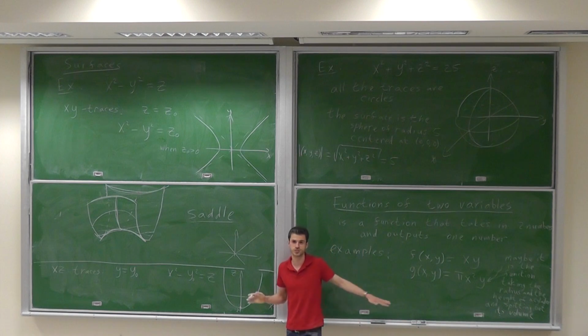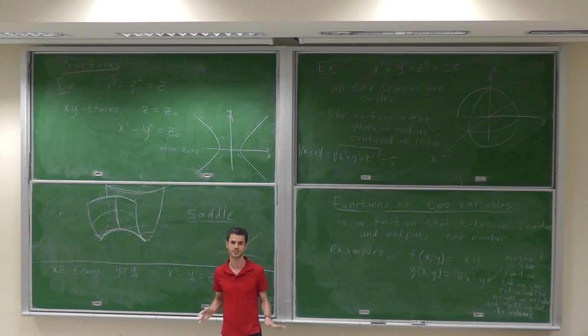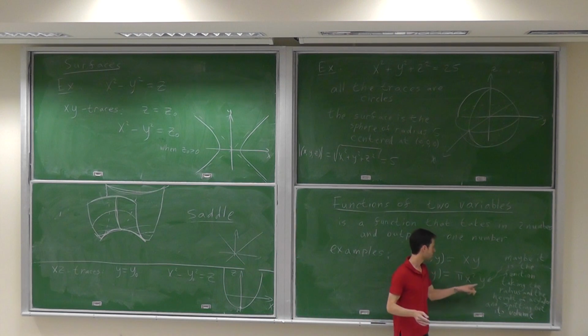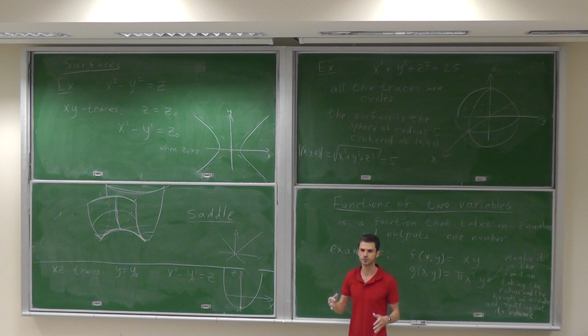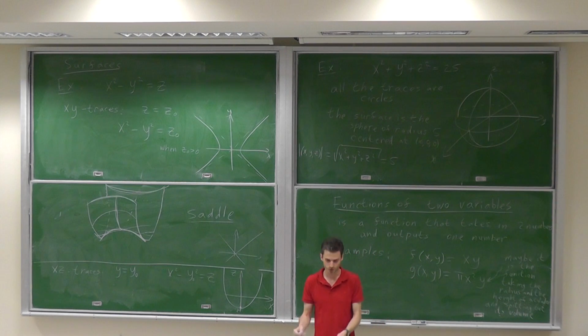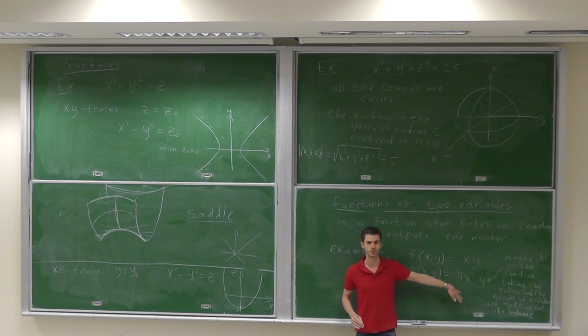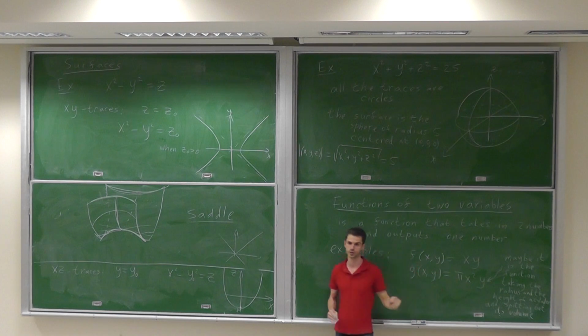So maybe you actually have seen such a function once. If x is the radius of base of the cylinder and y is the height, the volume of the cylinder is a function of this radius and the height. And it's exactly this function. Take the radius squared, multiply by the height, and multiply the result by pi.